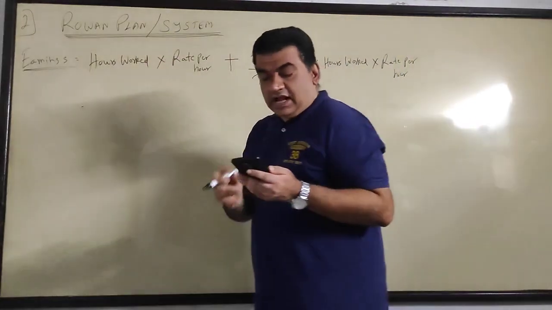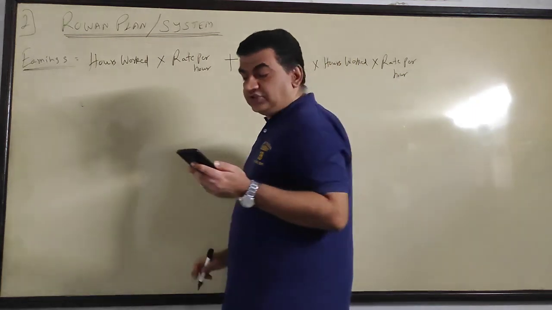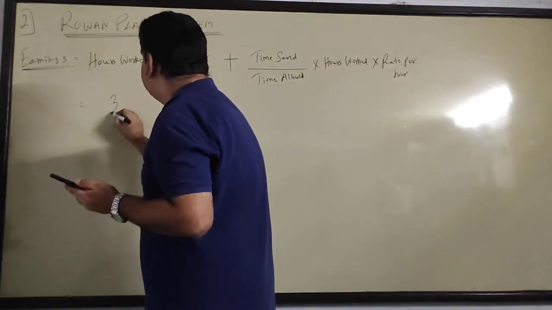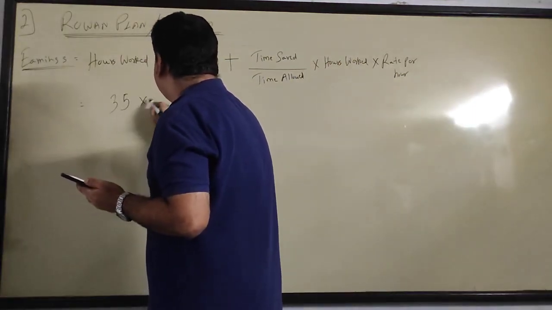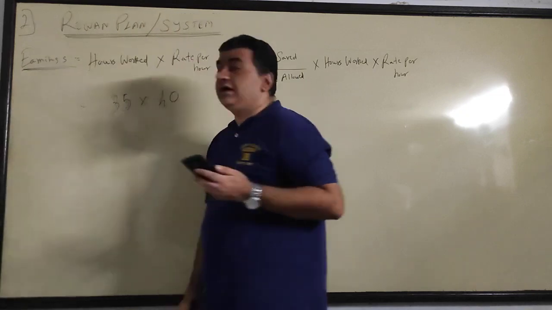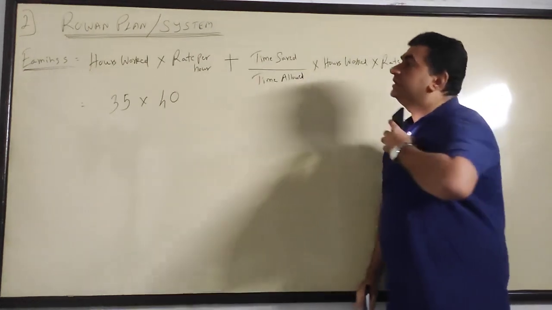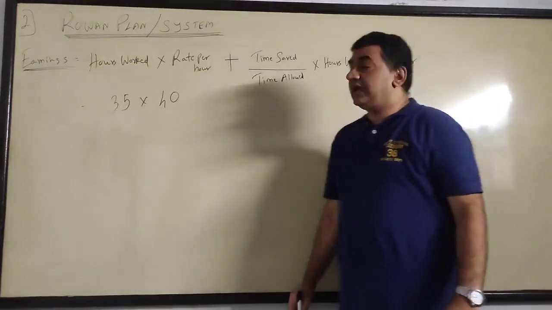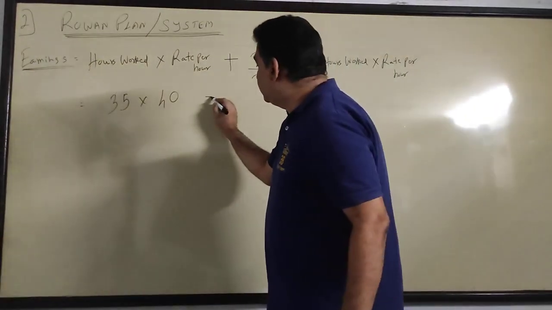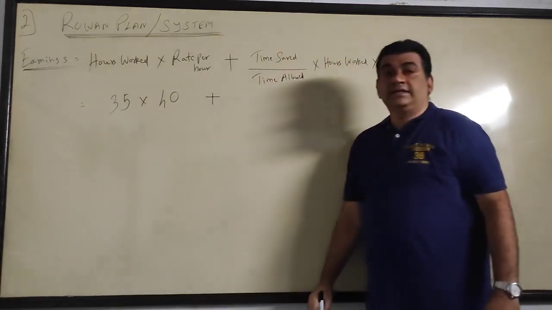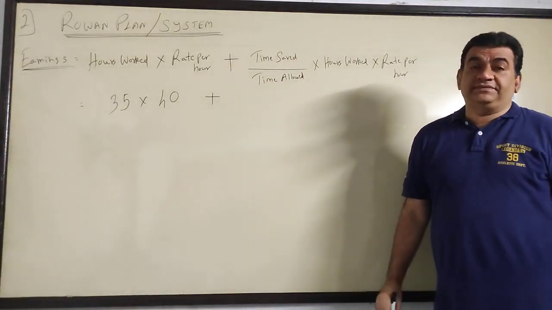Earnings. Hours worked. Actual hours how much is it? 35. Rate per hour 40. Actual hours worked 35. Rate per hour 40. Plus time saved.